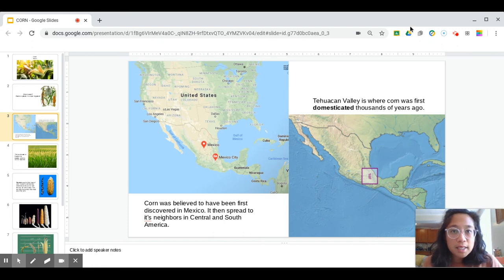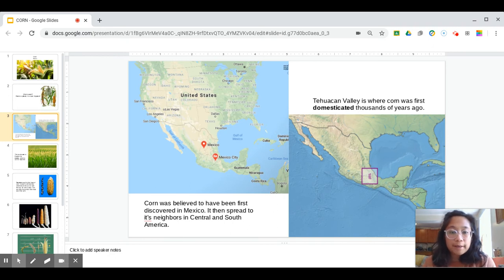And that means that after hunters and gatherers thousands of years ago discovered the corn plant and discovered that humans could eat it, humans then eventually began to farm it and grow it for the main purpose of using it as food. And then from there, it spread to neighboring areas in Central and South America.